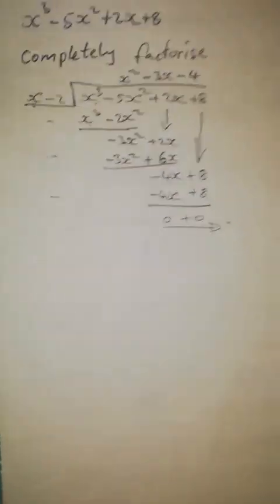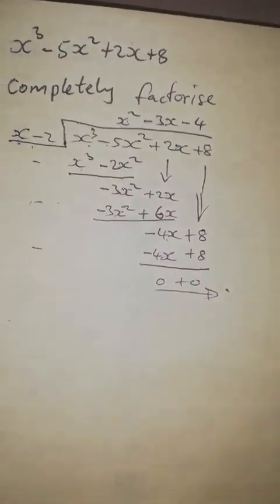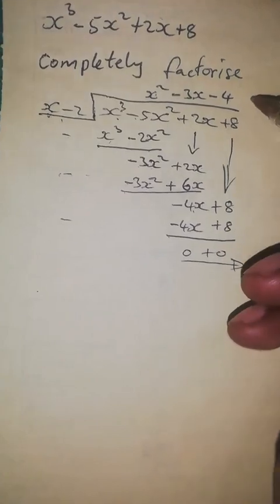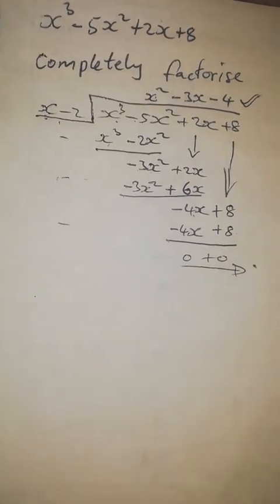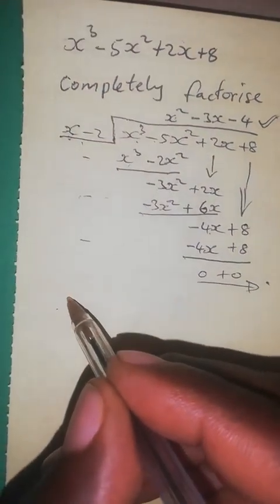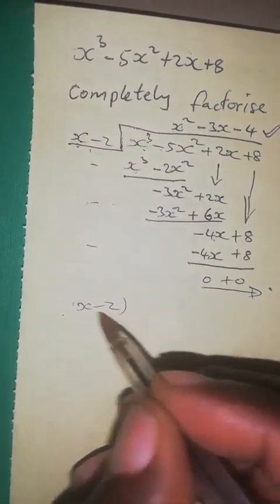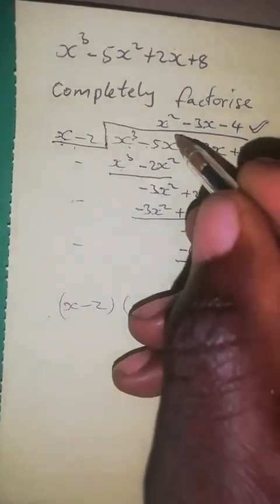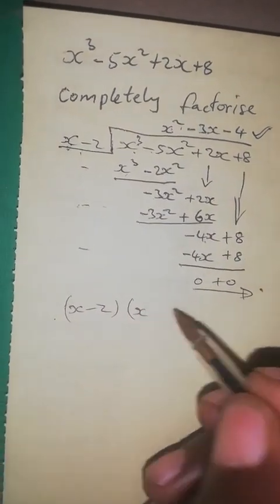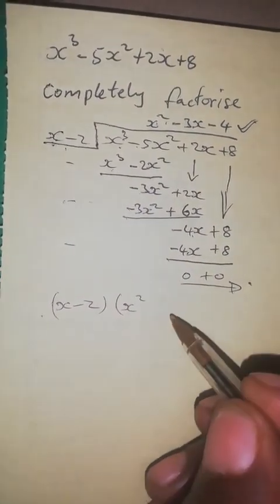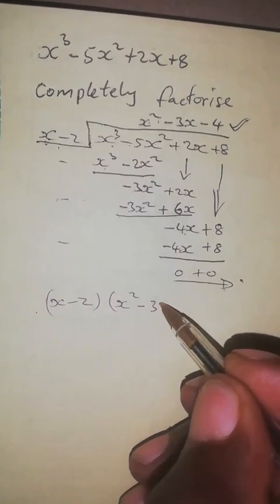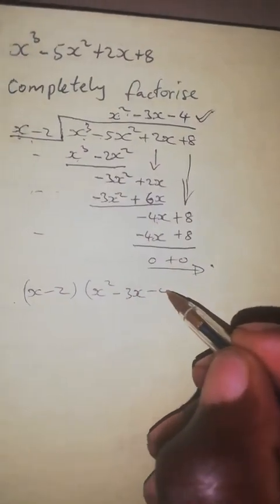You see? It means this one is a factor. Now, we should further factorize this answer of ours. It means a first factor is x minus 2. And the second factor, which should be further factorized, it's x squared minus 3x minus 4.